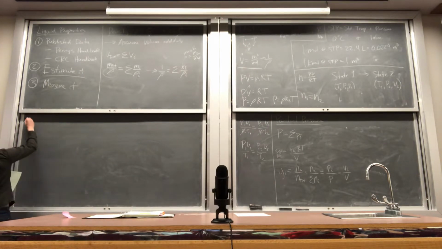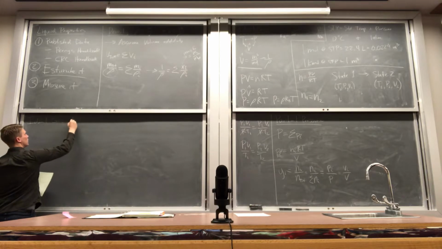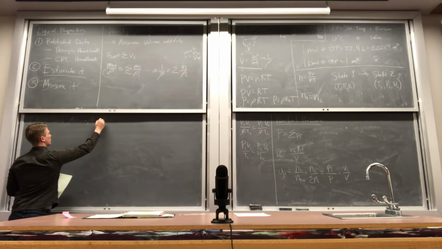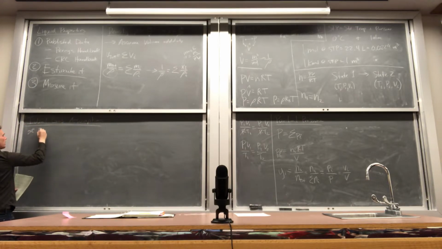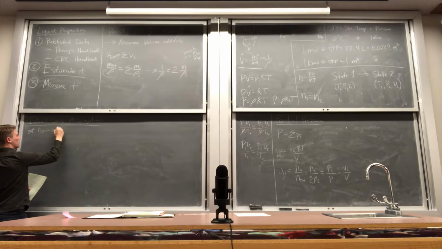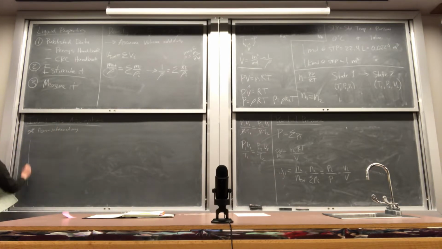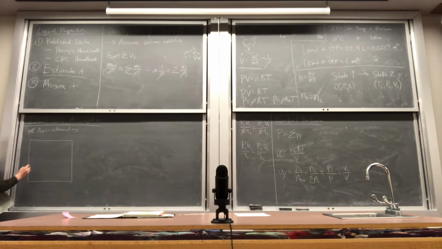Let's talk about the ideal gas assumptions. The most important one that we're going to talk about is non-interacting. So let's say we try and visualize a gas. Okay, here's our container, and we have gas molecules zipping around.